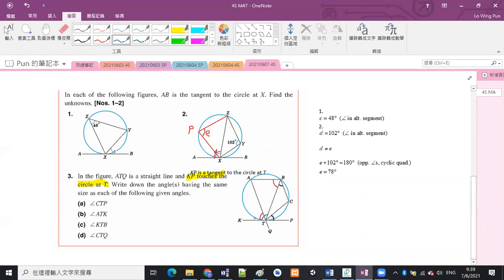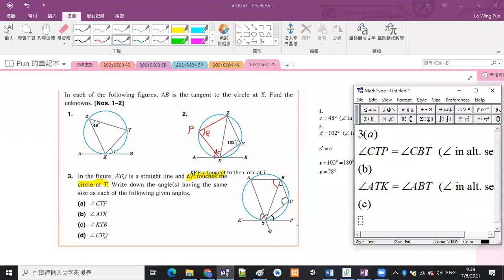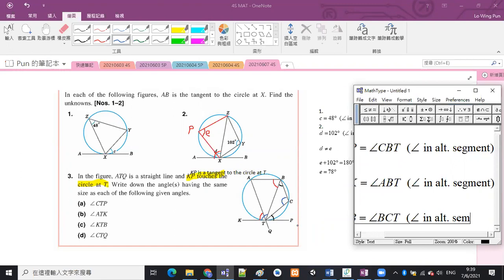So I just need to find an angle at circumference, which is looking at this chord BT, but on the other side of the circle. So I think it should be angle BCT. Can you see this? BCT is looking at the same chord, but on the other side of the circle. So in part C, angle KTB should be equal to angle BCT. Angle in alternate segment.